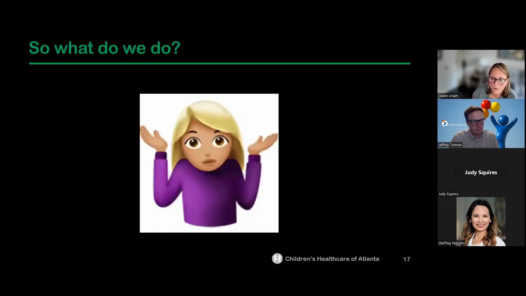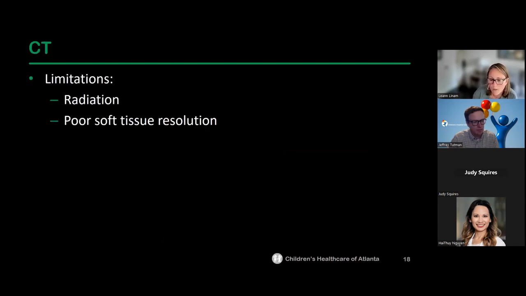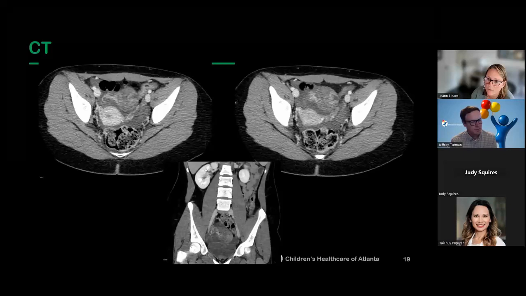So if there's no imaging or clinical criteria to confirm the presence of torsion, how do we diagnose it? Well, we could do CT, but that has the limitations of radiation, and CT really has pretty poor soft tissue resolution.